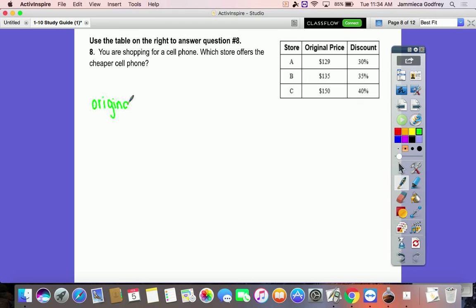This is a discount, so that means that we're going to subtract. So original minus the percent off times the original amount. Okay. So I'm going to work each of these out the same way.